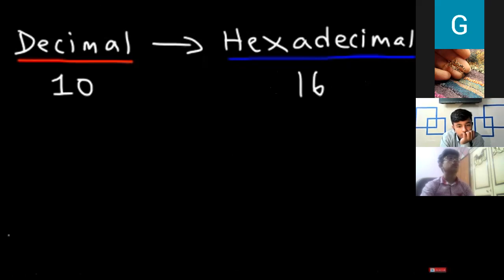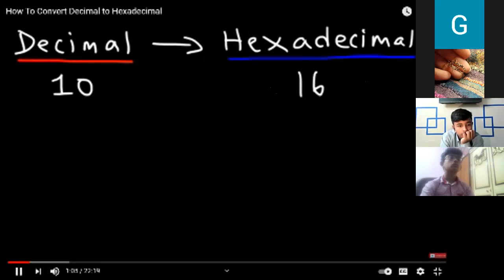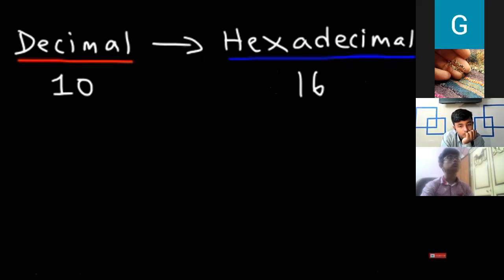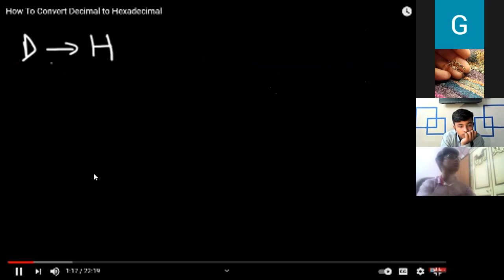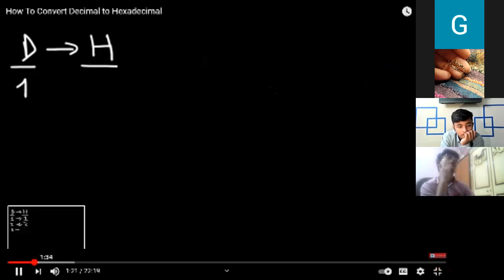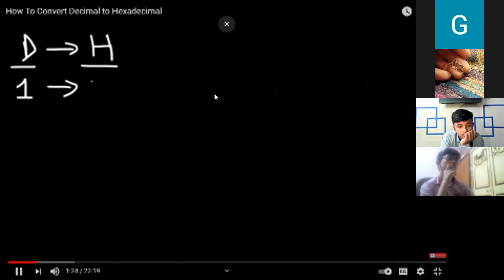So the hexadecimal numbering system is a base 16 system. Now, you need to know the numbers that correspond to the hexadecimal system from the decimal system. So the number 1 in the decimal system has the same value in the hexadecimal system. So 1 corresponds to 1.